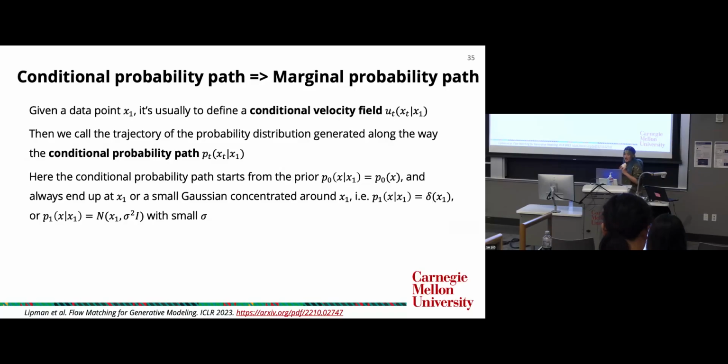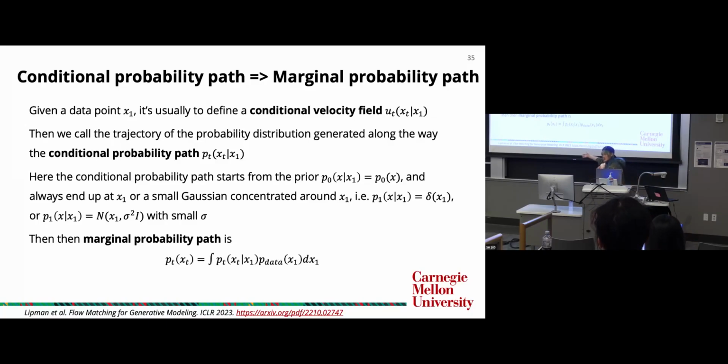And here, the conditional probability path will just start from some prior, which we can choose. It doesn't matter. And then we will always end up either directly at Pittsburgh or somewhere around Pittsburgh. So we would always end up at x1 or a small Gaussian that concentrates around x1. Okay? And by the way, this thing is called a Dirac delta. It just means that it's a point mass at x1. Then the marginal probability path can be written in this way, right?